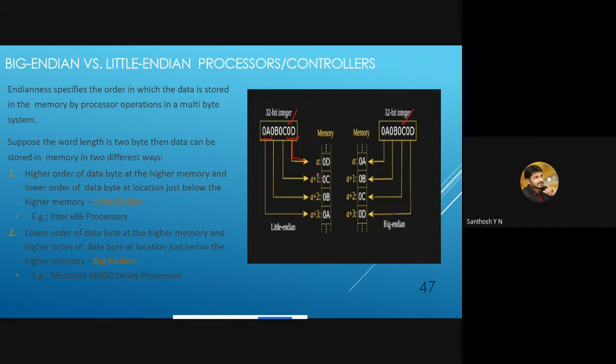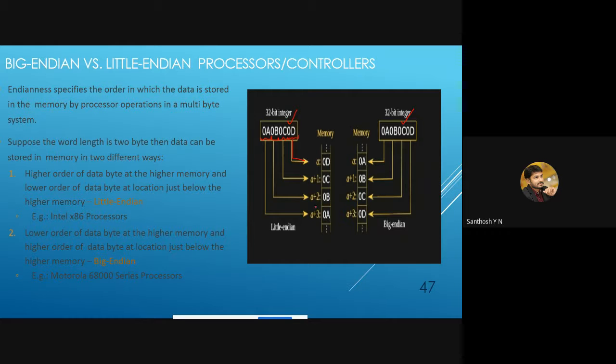In 8001 you are storing the data next to the lower order, that is next to 0D, which is 0C. So 0C is stored in the memory location whose address is 8001. Then 0B, the data next to 0C, comes to 8002, and 0A comes to 8003.